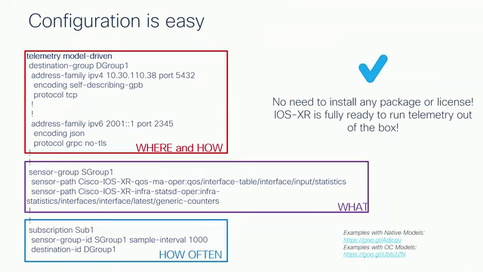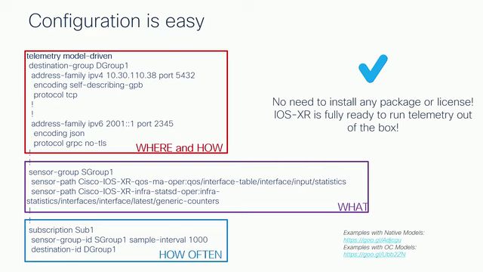Configuration for telemetry is super easy. First, you just give the definition of where you want to push your data, what the server is, and how you want to do your data transfer. For example, I'm doing JSON or gRPC, with no TLS or with TLS. You just define the configuration for where and how.